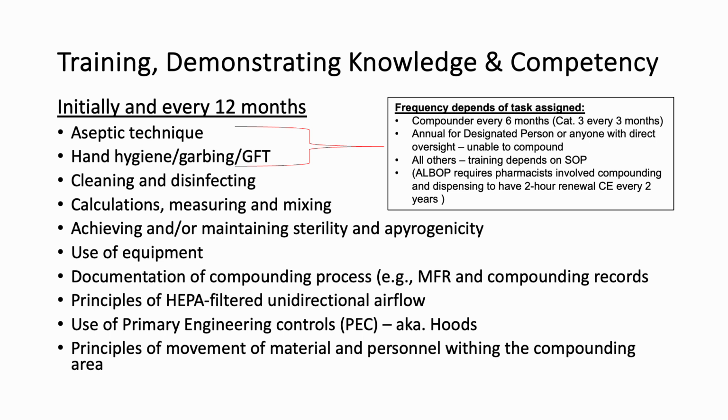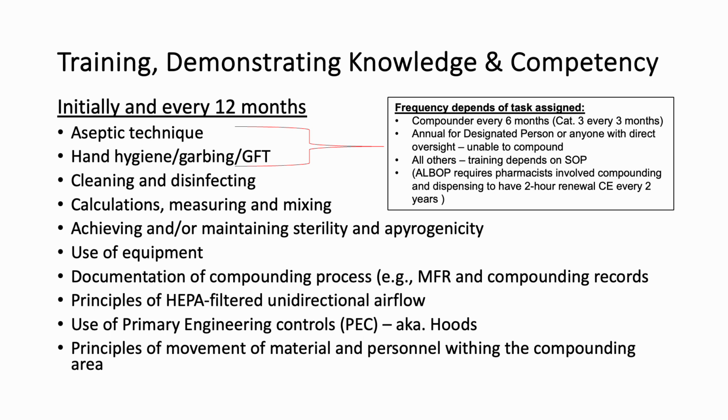Now that we've just talked about hand hygiene and garbing, let's go over some training requirements. On this slide, you'll see some minimum requirements that are required every month for people who compound. Not only training, but they have to demonstrate this knowledge and ensure competency. But really what I want to point out here is the aseptic technique and the hand hygiene, garbing, and gloved fingertip testing.